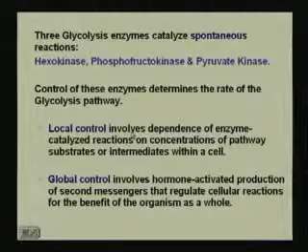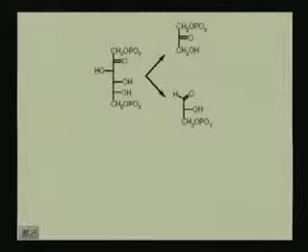Now, let us look at one such example. This is one step of the glycolytic pathway. If you look at this, it has two phosphates attached, at carbon number 1 and carbon number 6. You have a ketose.